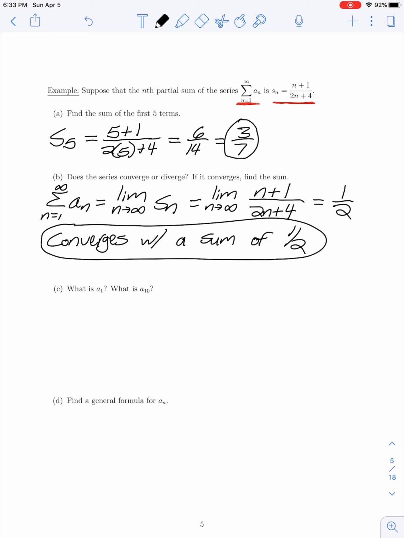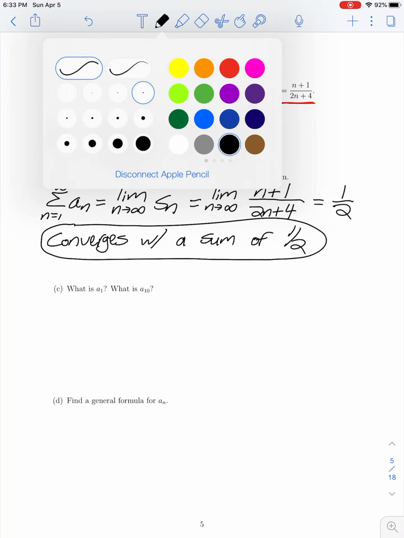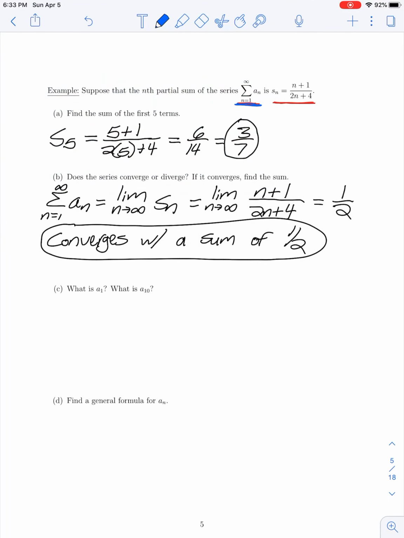Now in part C, we ask for A1 and A10. That is, for our series, we don't know what the general term is for a sub n, but we do know the nth partial sum. So in part C we're asking for A1, and A1 would be the first term of our sequence, which is the same as the first partial sum.